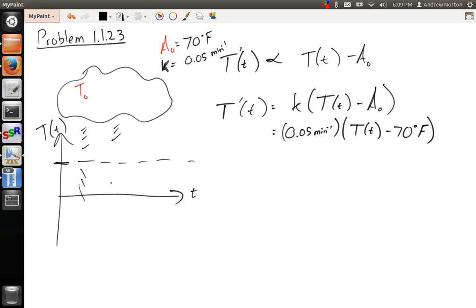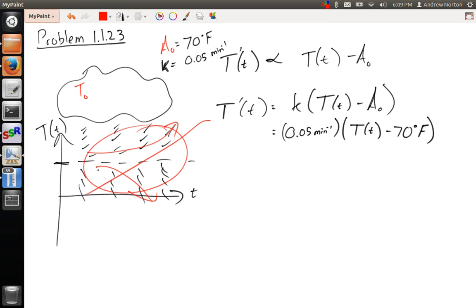So the way that we've written this, it's a divergent equation. As t goes off to infinity, it would diverge. Well, that's not what we want, because our temperature should converge to a certain value.